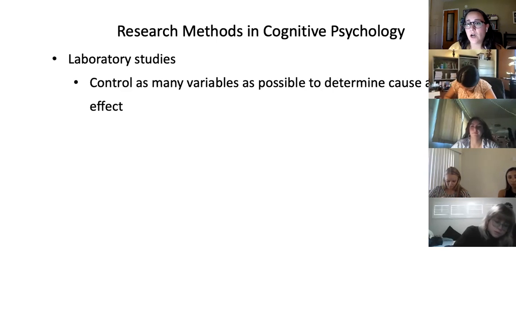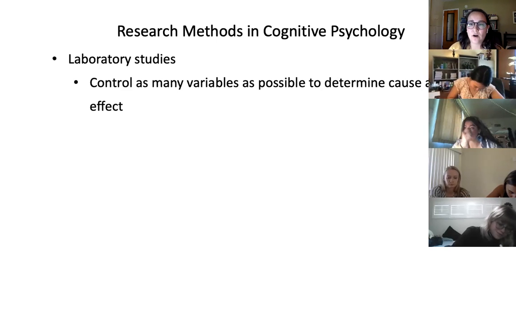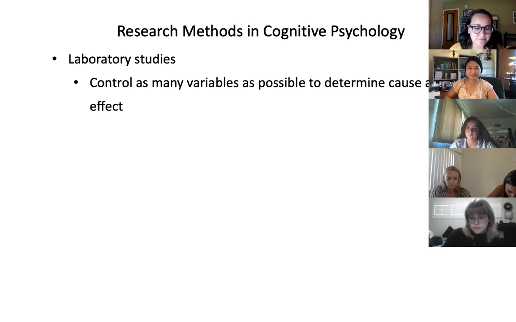Observation is not experimental; it does not involve any manipulation. Lab studies are really core to cognitive psychology research, and we're going to talk about research methods. It's hopefully going to feel like a bit of a refresher from your experimental psych class.